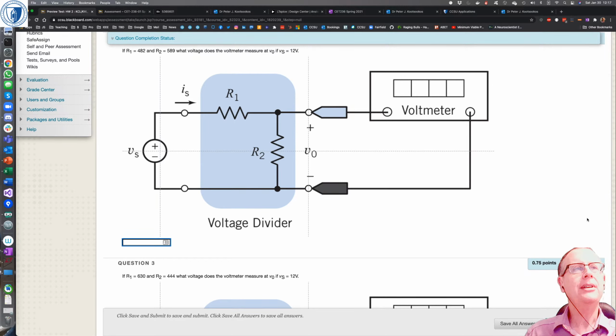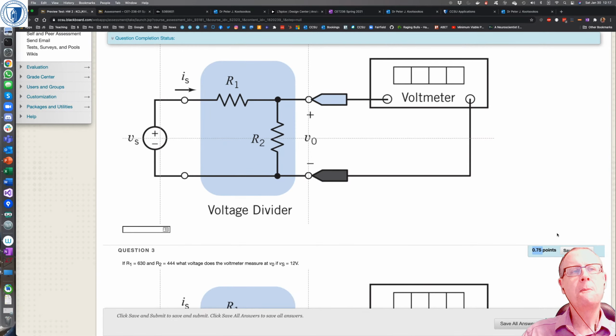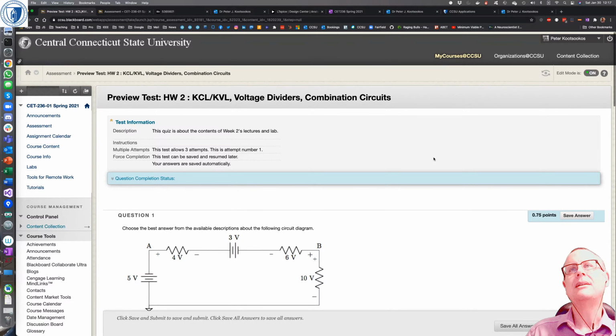Each of these is worth 0.75 points. If you get graded and you only get, I think it's 0.5 points, you probably left off the units. So make sure you give the units in some of these later tests.